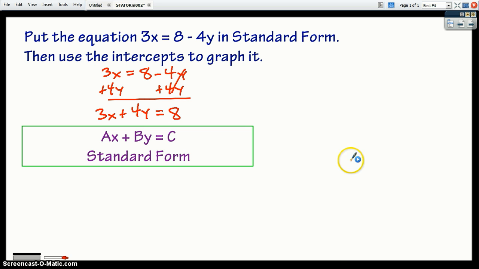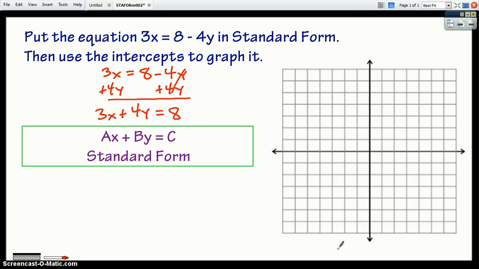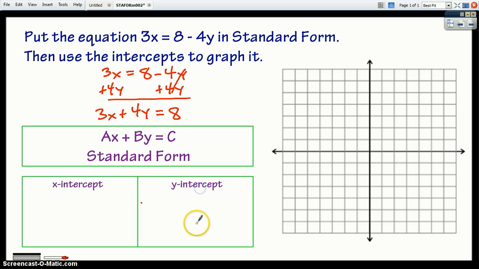Now, our main objective is to graph it. So once again, we're going to use the intercepts to do that. To find the intercepts, once again, the idea is if you're looking for the x-intercept, in other words, the point that our line crosses the x-axis, we know that the y-coordinate will always be 0.